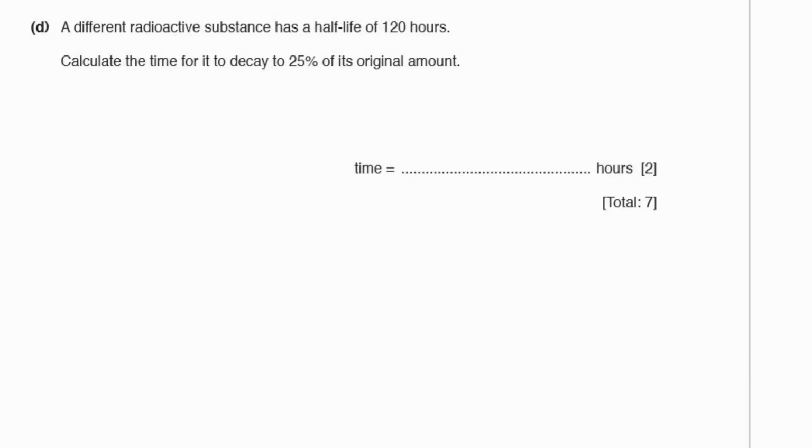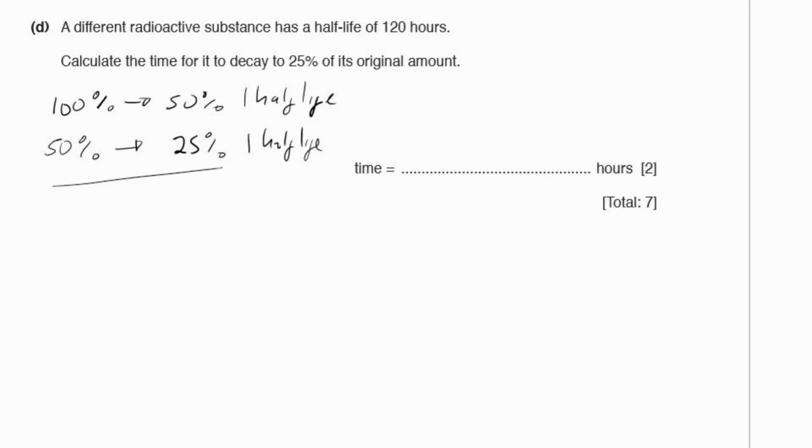D. A different radioactive substance has a half-life of 120 hours. Calculate the time for it to decay to 25% of its original amount. Alright, let's just look at this. From 100% to 50% is one half-life. From 50% to 25% is one half-life.